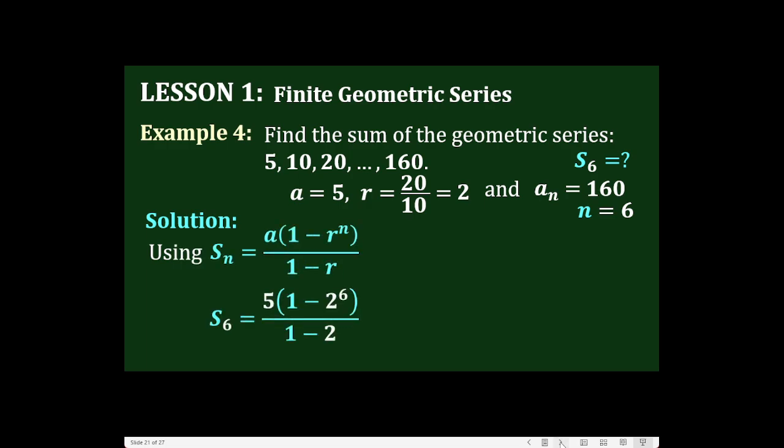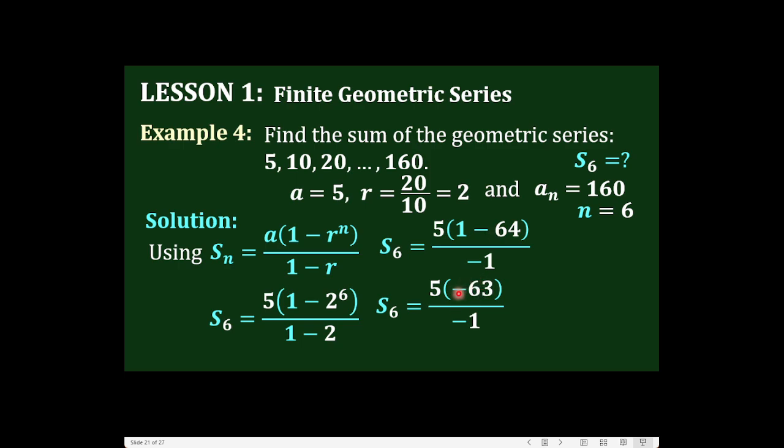Then substitute a, r, and then n. Using the PEMDAS rule, 2 to the 6 is 64. Then 1 minus 2 is negative 1. Then 1 minus 64 is negative 63.